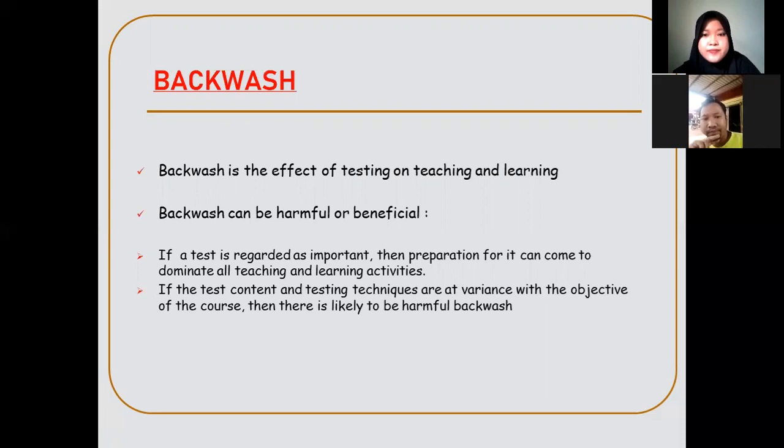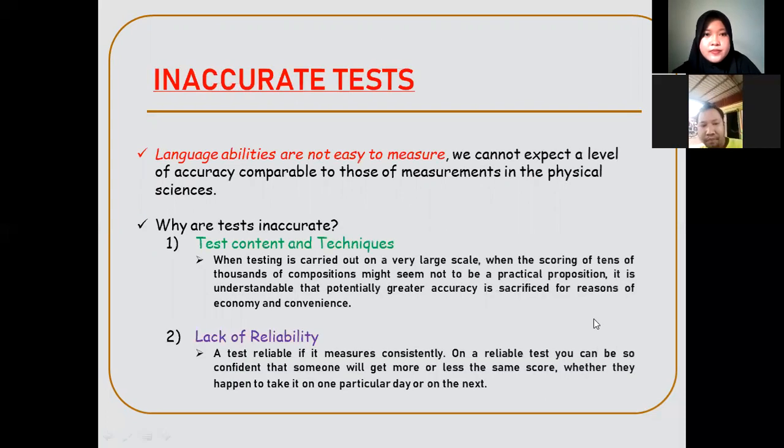Next, inaccurate tests. Language abilities are not easy to measure. We cannot expect a level of accuracy comparable to those of measurements in the physical sciences. Why are tests inaccurate? There are two main sources of inaccuracy.